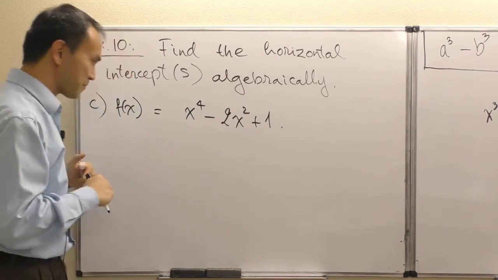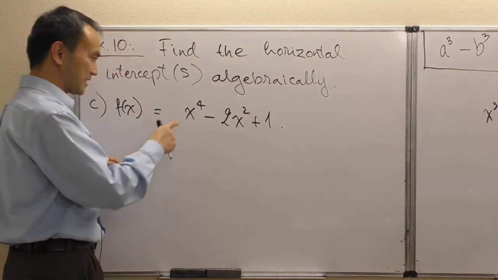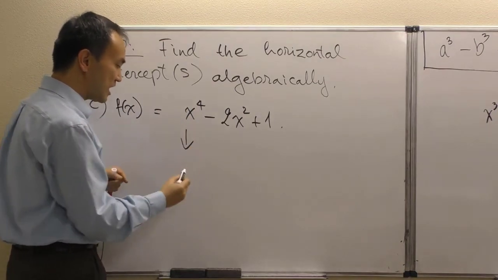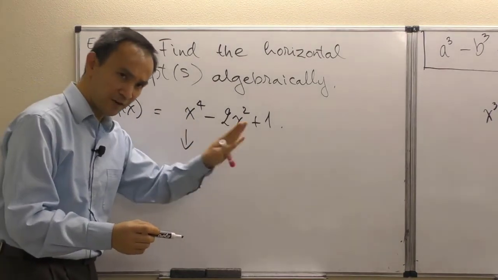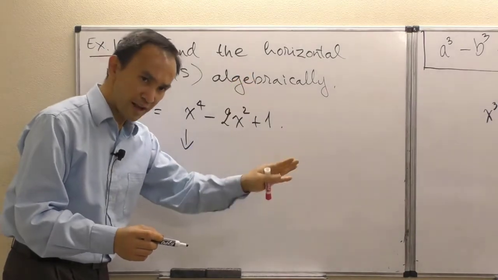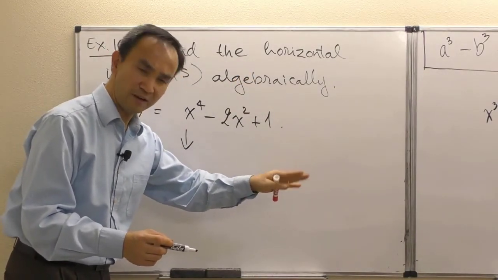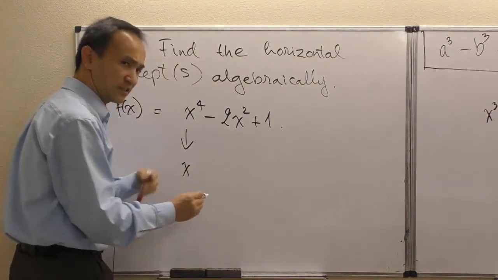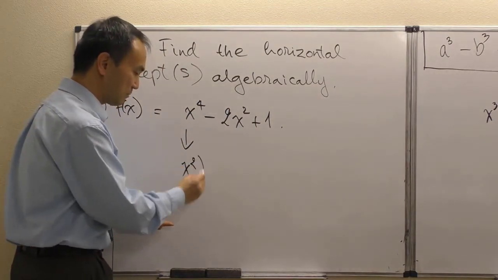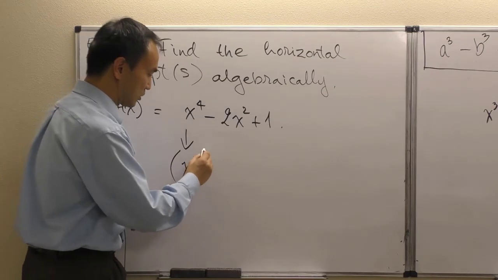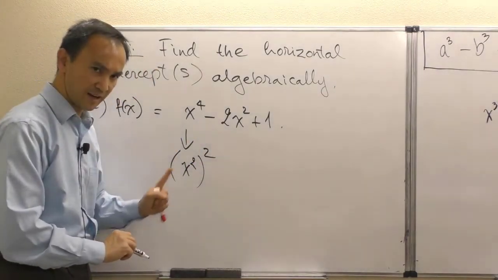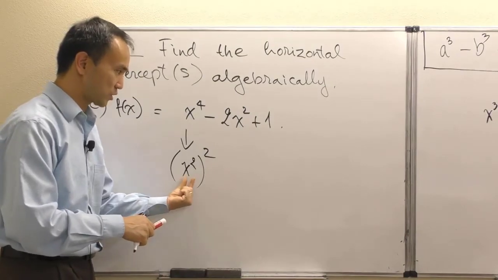What I observe here is that the x to the fourth can be understood as an x squared, squared.